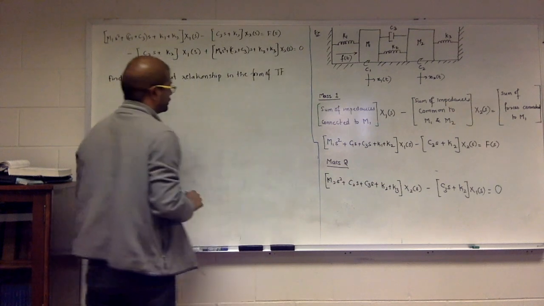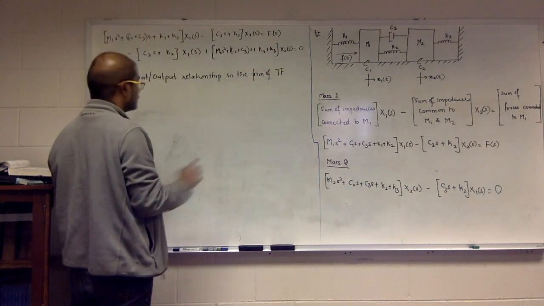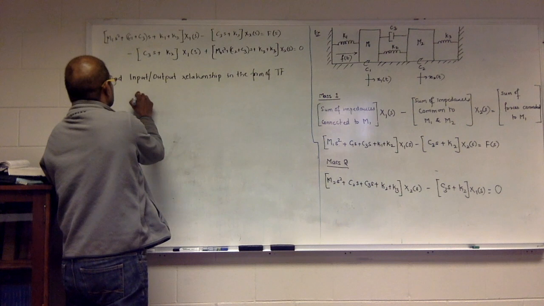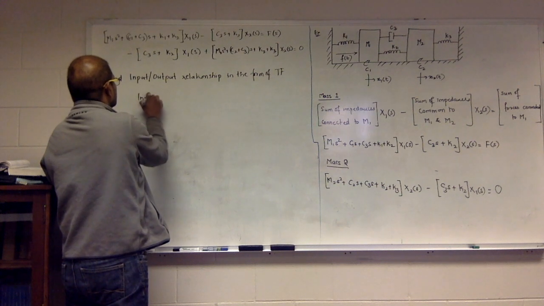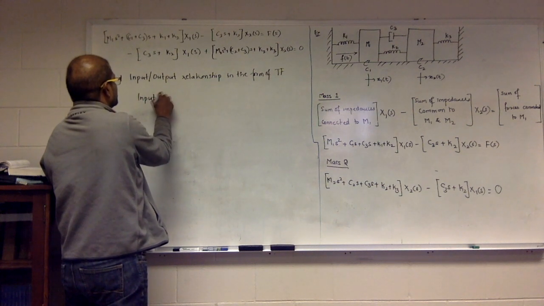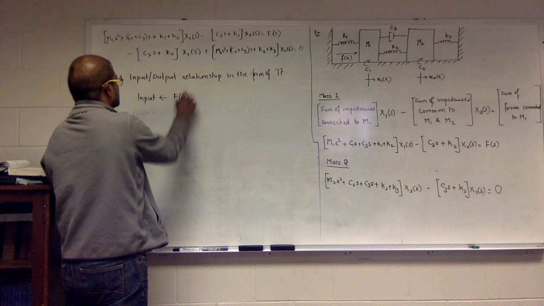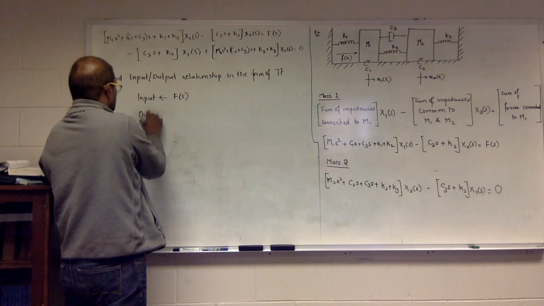We looked at transfer function last time. So here, what are the inputs? There's only one input, right? F of s.